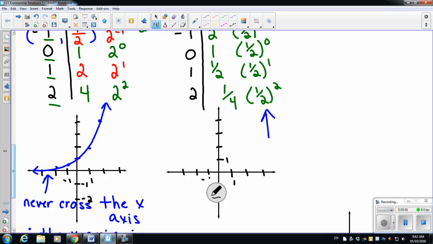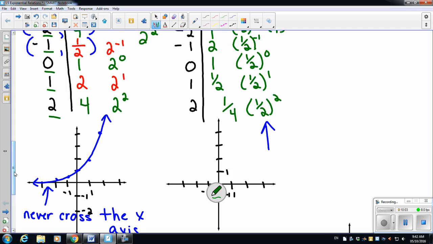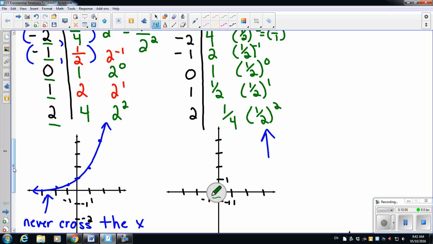All right, some points on. I have got the point -2 and 4. And I've got the point -1 and 2. And I've got the point 0 and 1. And 1 and 1/2 and 2 and 1/4. And there's our nice little curve shape that we talked about before, curving the other way this time because the base is a fraction.